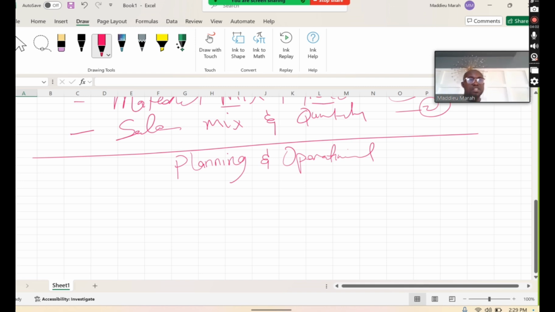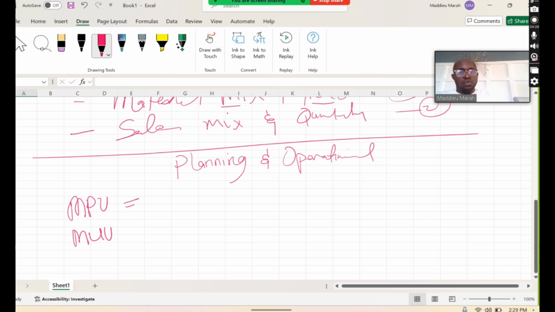I can derive a definition for planning and operational variance from our basic variances we learned at our management level. At management level, we learned some variances. We learned material price variance. We learned material usage variance. We said material price variance compares the price of standard and actual.